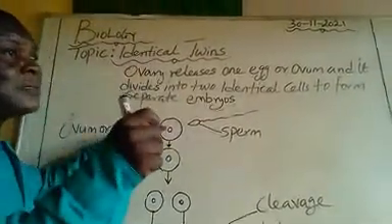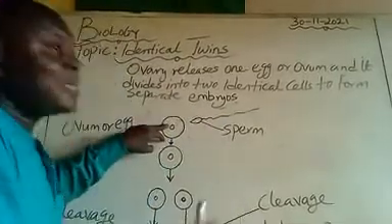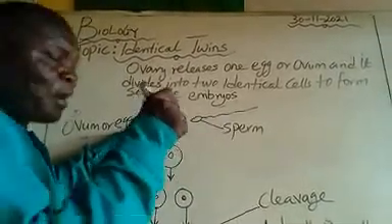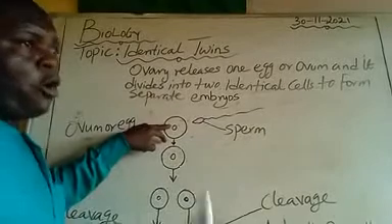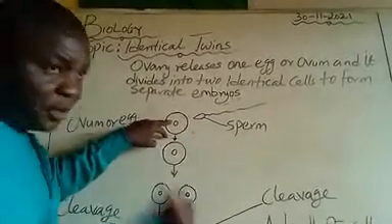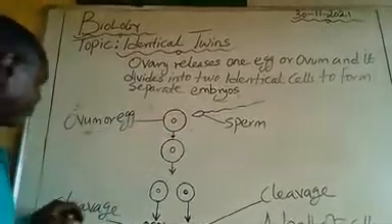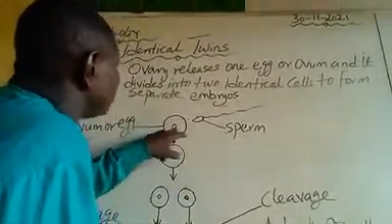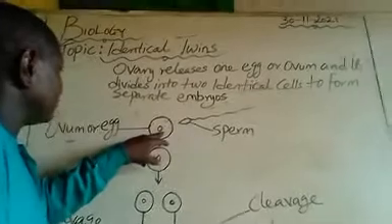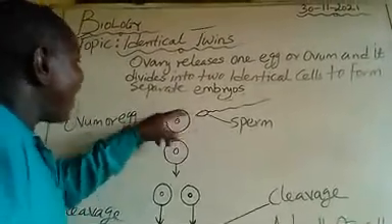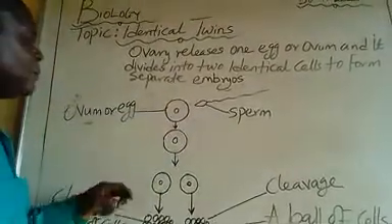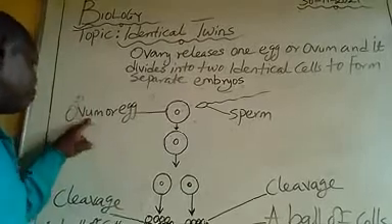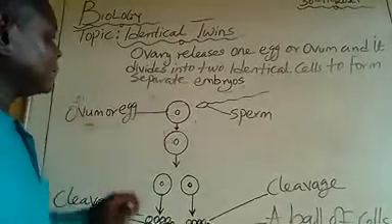Fertilization takes place in the fallopian tube or oviduct. Look at the sperm. The sperm is swimming towards this ovum. You can call it ovum or egg.